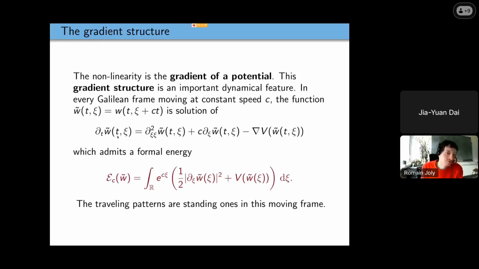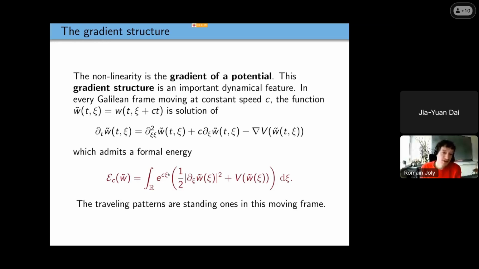It solves the same kind of PDE, but you have this additional term coming from the moving frame. And if you look at this PDE, again, you have an energy, and this energy is the same as the classical energy, but you have this exponential weight here. And by energy, I mean that, if you at least formally look at this energy, it is non-increasing in time. So you can expect to have some dissipative structure.